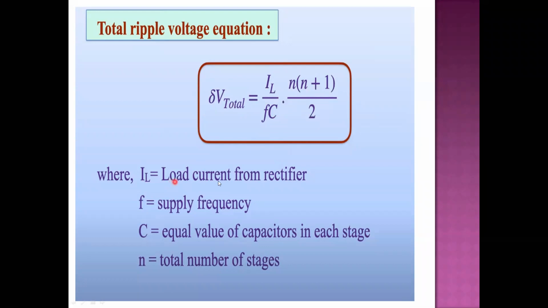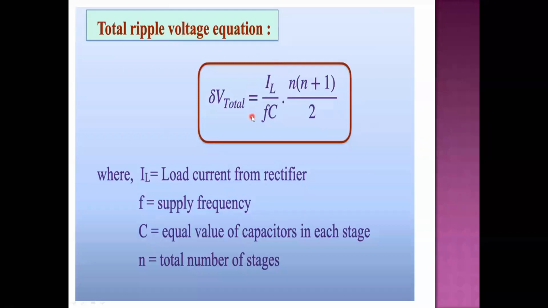Here IL is called load current from rectifier, F is called supply frequency, C is called equal capacitance of capacitors in each stage, and N is called total number of stages. Understood? This is called total ripple voltage.